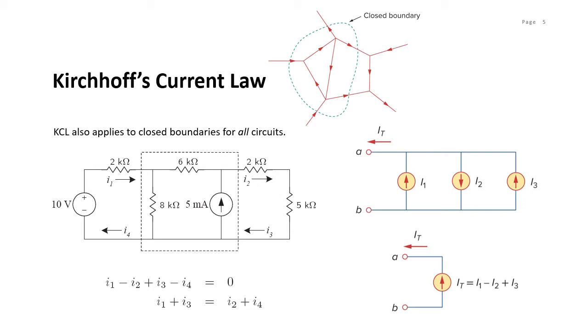A simple application of KCL is combining current sources in parallel. The combined current is the algebraic sum of the currents supplied by the individual sources.